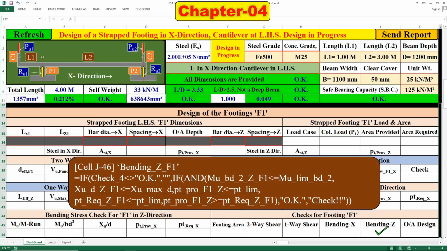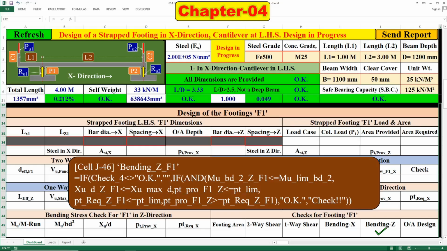Next, it will check the following conditions. MU_BD_2_Z_F1 less than or equal to MU_lim_BD_2. XU_D_Z_F1 less than or equal to XU_max_D.